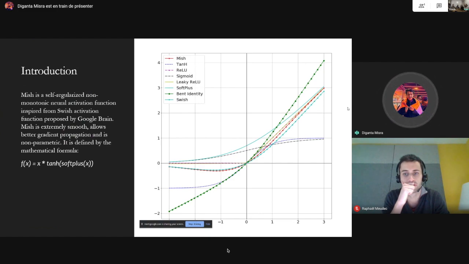The paper was titled Searching for Activation Functions, and they proposed a new activation function called Swish, which is very simple. The formula is x times sigmoid of x.